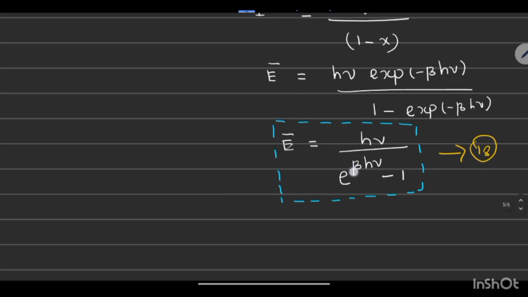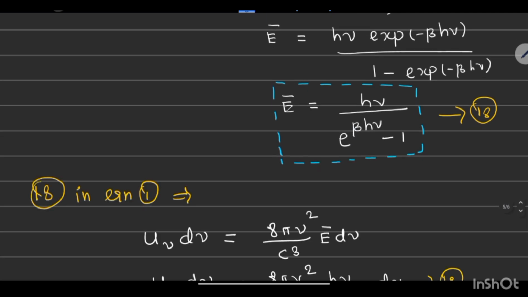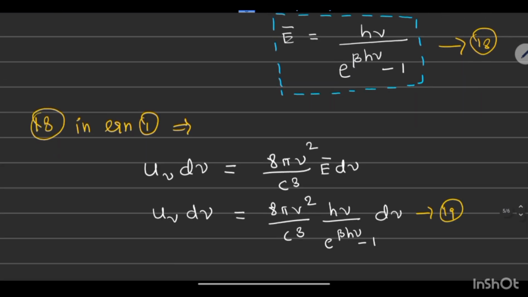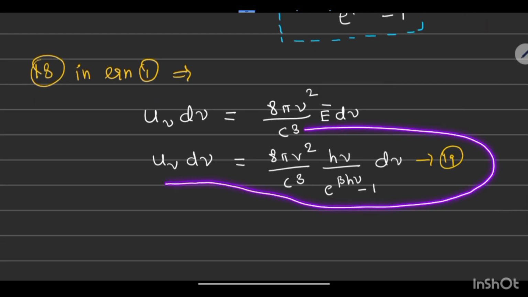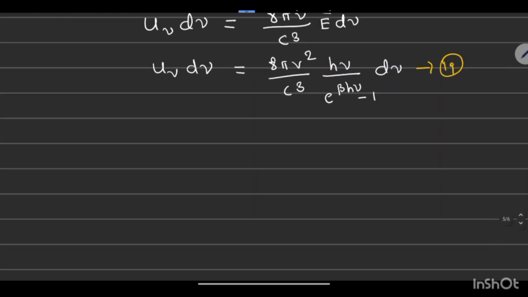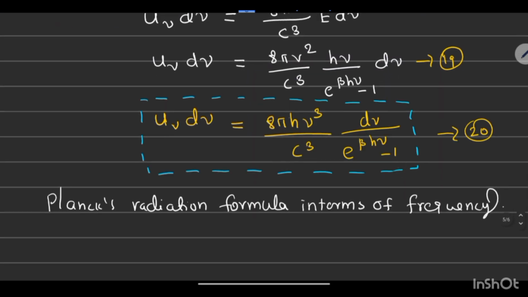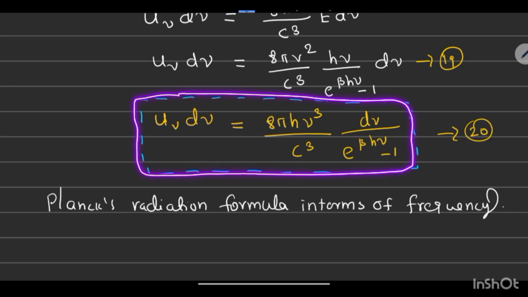So substituting again this into the expression for spectral energy density, this average energy has to be placed here, and you get the spectral energy density as this. So finally we get this as the spectral energy density of blackbody radiation in terms of frequency.